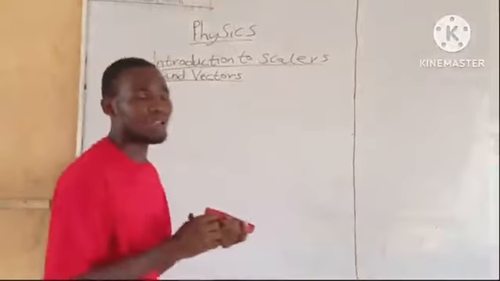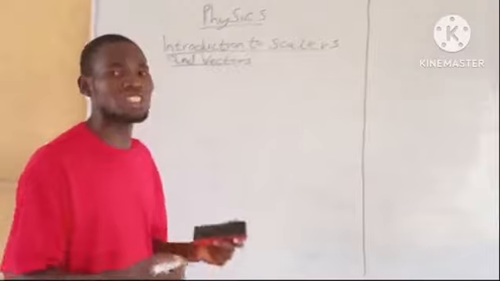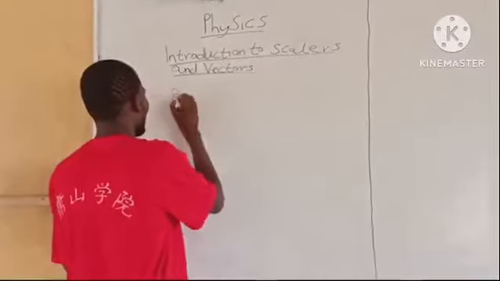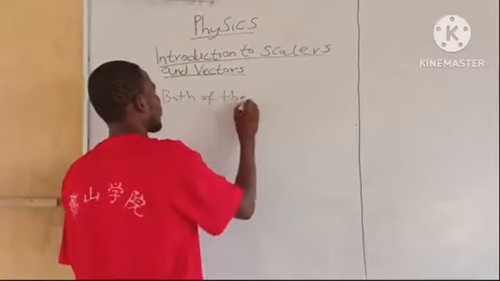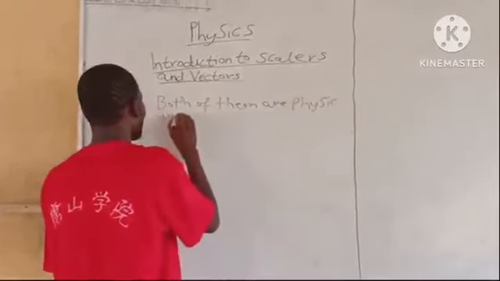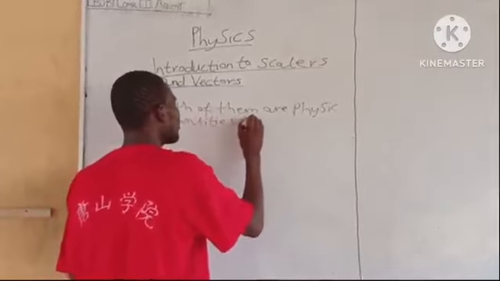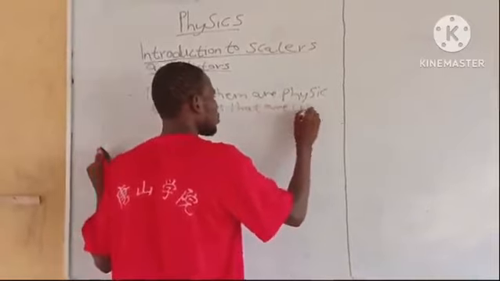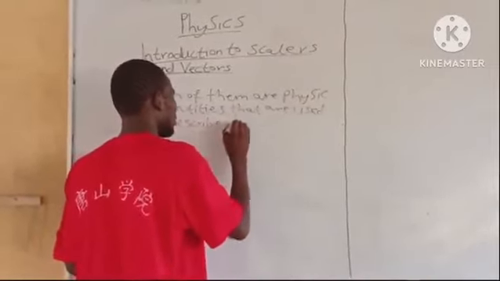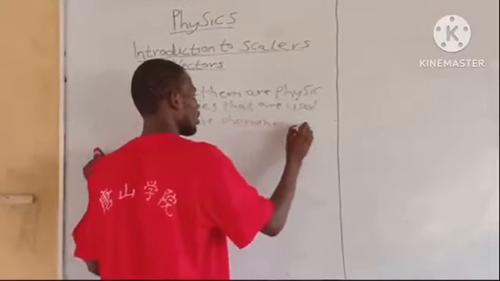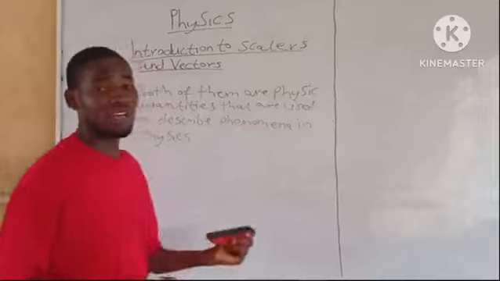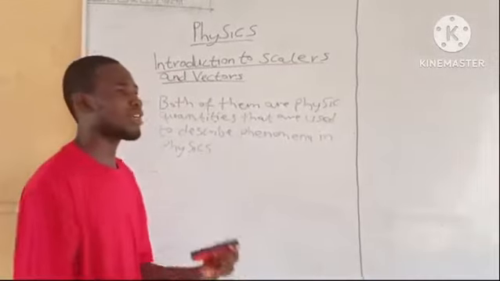Number one similarity between vector quantities and scalar quantities is that both of them are physical quantities which are used to measure or describe phenomena in physics.